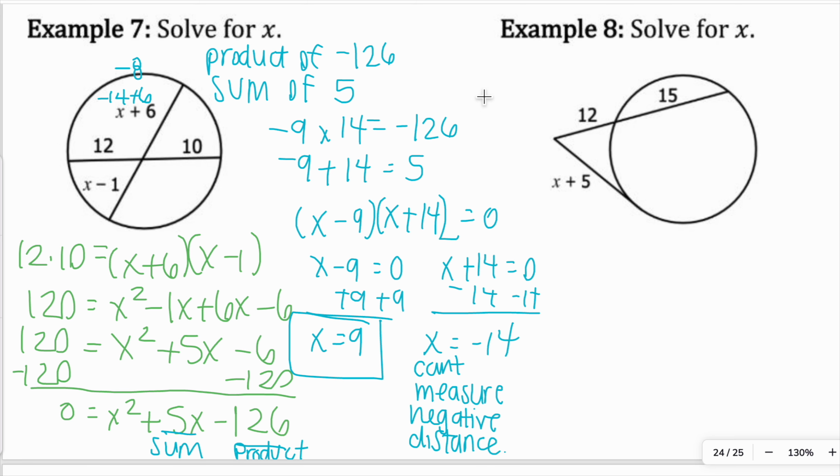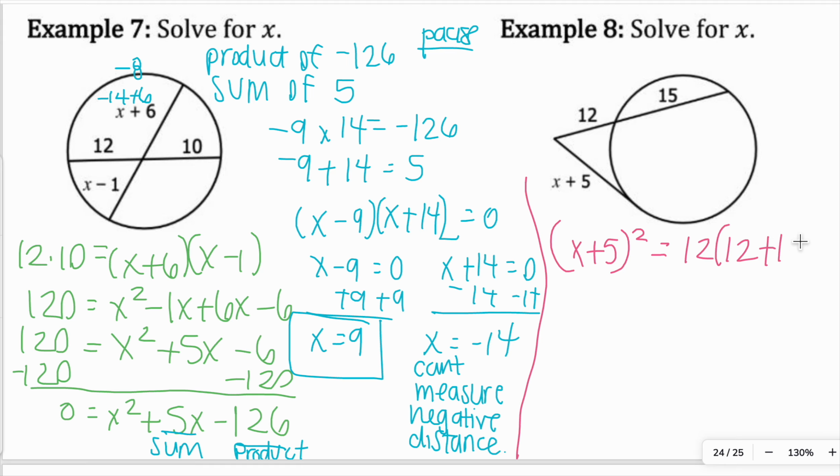Okay, and then example 8, again, if you want to try this one on your own, pause it, and then click play when you're ready. Otherwise, let's try this together. We are going to square the x plus 5 and set that equal to 12 times the whole thing, 12 plus 15. x plus 5 squared is x plus 5 times x plus 5.